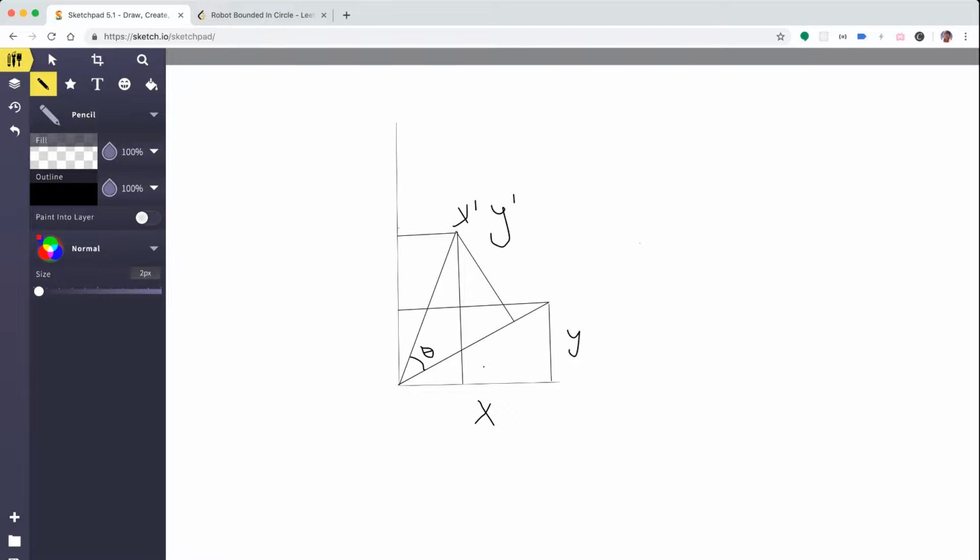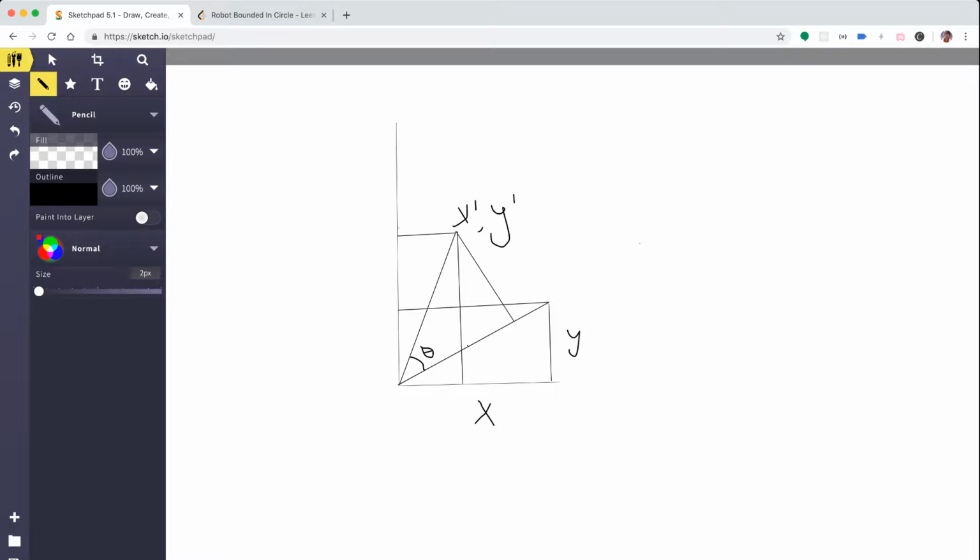Sorry, I'm using my touchpad. This is the new coordinate, new x, new y. Let's say x1 and y1. We're going to get x1 and y1.